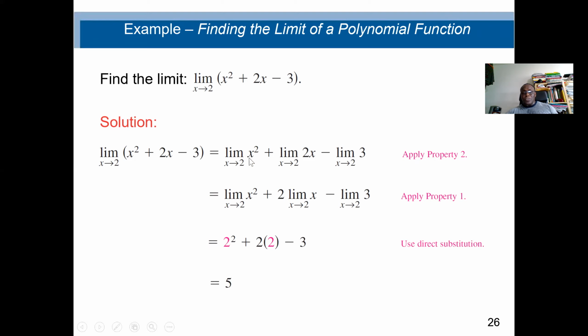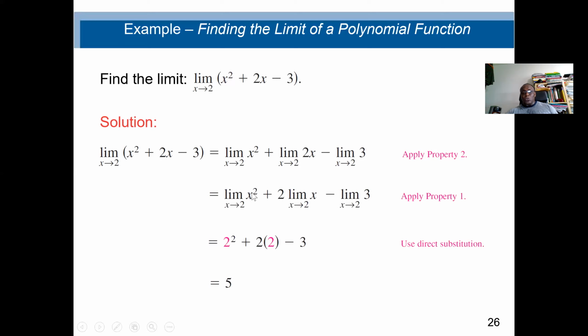So we separate it, but sometimes we don't need to separate it. I just plug the 2 here: 2 squared plus 2 times 2 gives 8, and 8 minus 3 is 5. But the property says we should separate them, so we get the limit of x squared as x approaches 2, plus the limit of 2x as x approaches 2, minus the limit of 3 as x approaches 2.